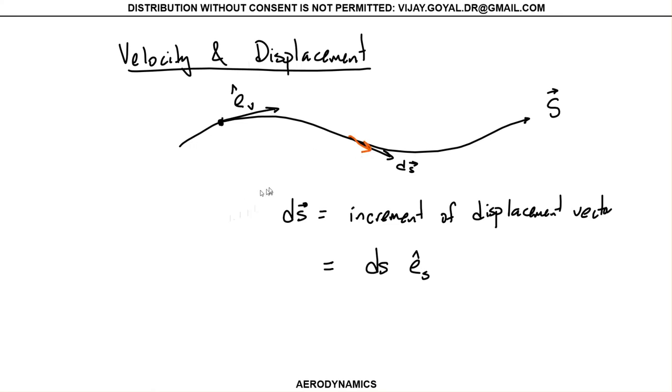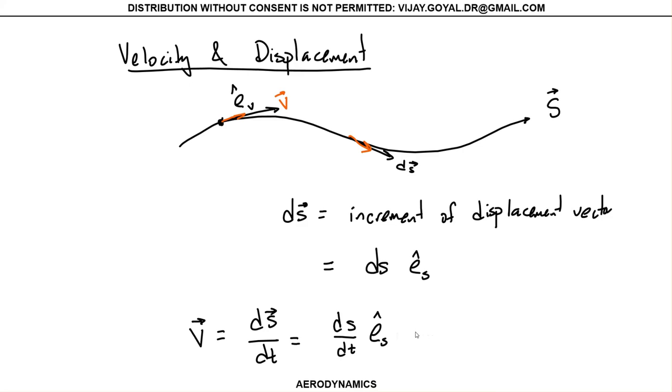Also note that the velocity is, from physics, the derivative of the displacement with respect to time. If I take the derivative of this, it gives you ds/dt times e_s.